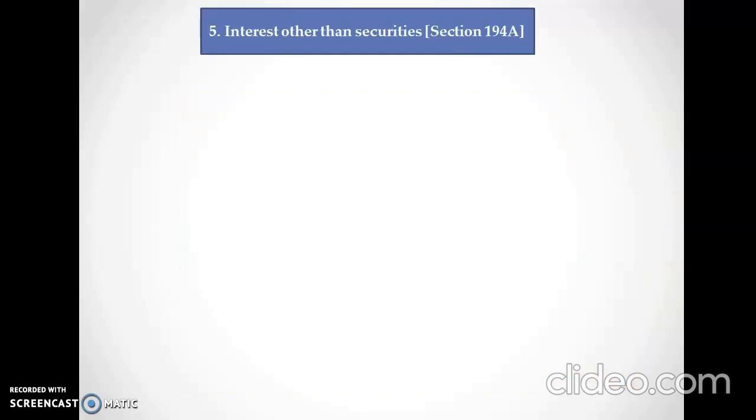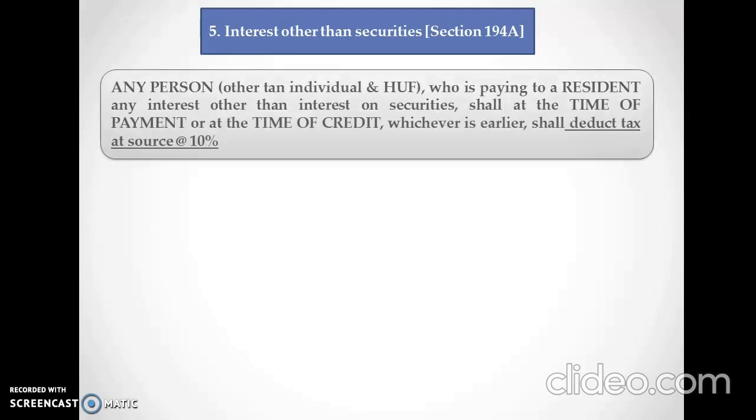Next type of income is interest other than securities. In the previous case, you received interest on securities; this is again a type of interest income, but other than securities interest, covered under section 194A. Any person other than an individual or HUF, as I discussed in the previous video, is liable to deduct TDS.